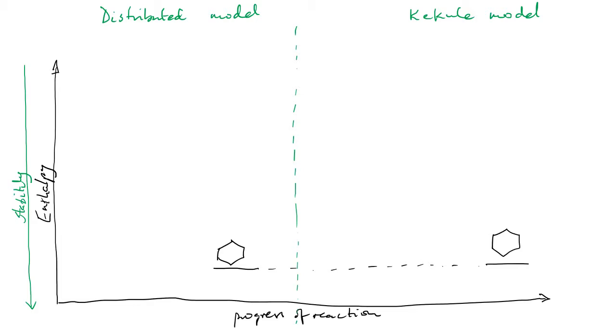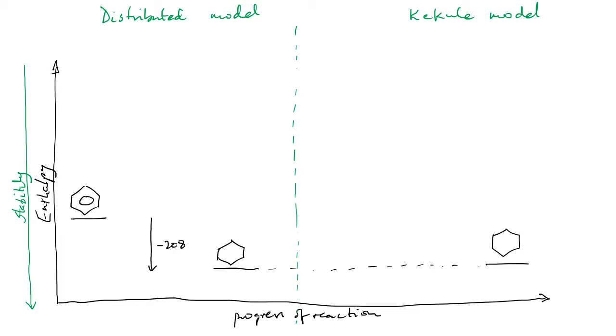So let's draw our delocalised model like so. And as we know, experiment suggests that it is exothermic, but only minus 208 kilojoules per mole.